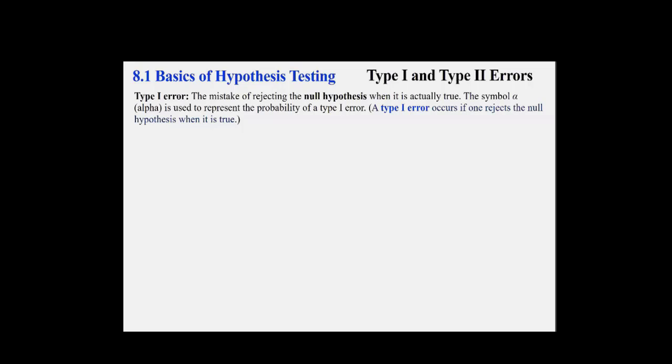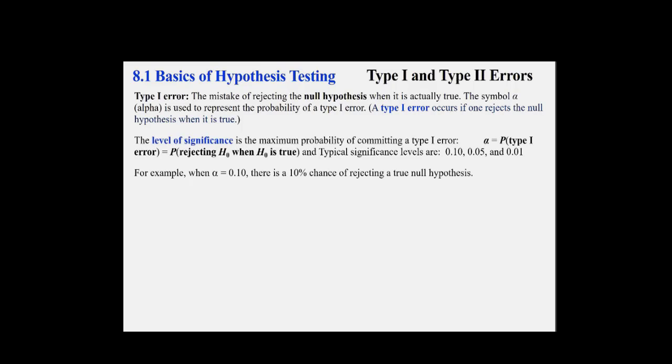Type 1 error. The mistake of rejecting the null hypothesis when it is actually true. The symbol alpha is used to represent the probability of a type 1 error. A type 1 error occurs if one rejects the null hypothesis when it is true. Rejecting the true null hypothesis, in short.